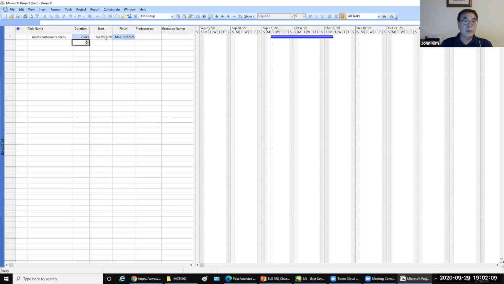Then if we set start time like October 1st. So after typing in information, this draws the Gantt chart. The next activity is write and submit. It takes 1 week.